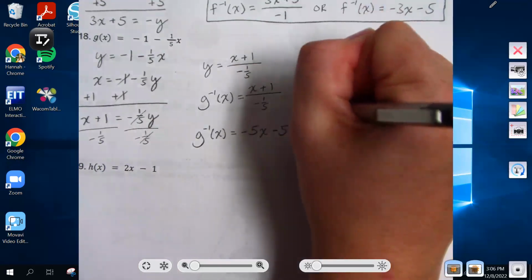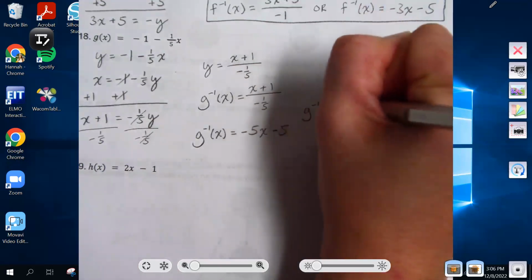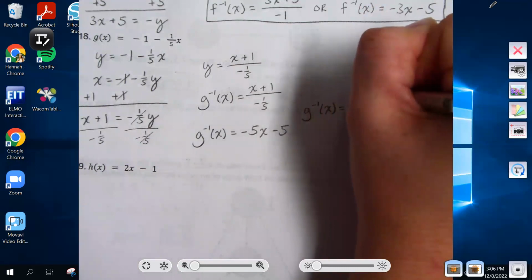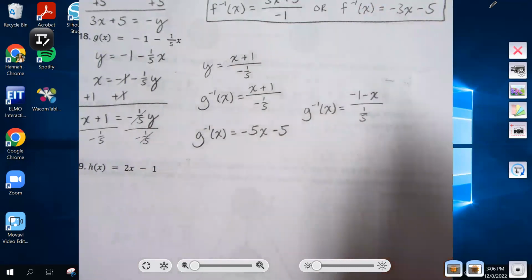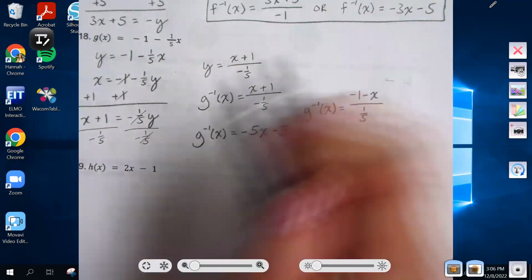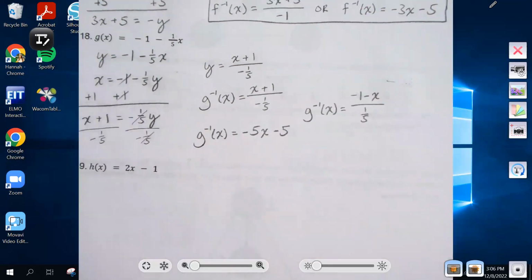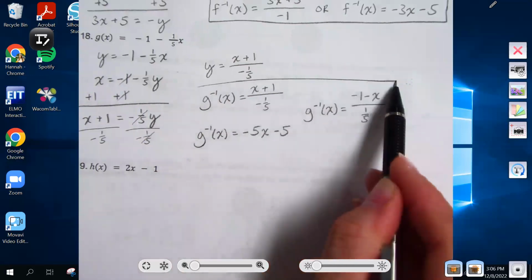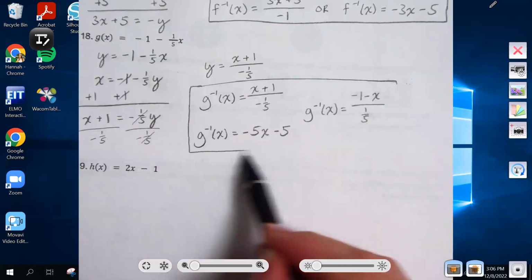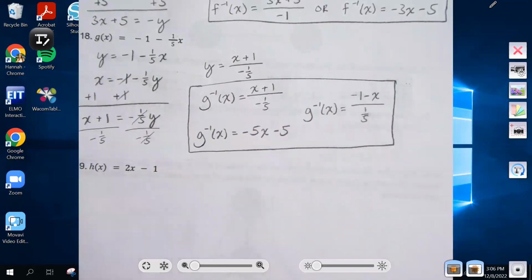Or you could have g inverse of x equals negative 1 minus x over positive 1/5. Depending on which order you moved things around when you were solving for y, you could have any one of these 3 equations. They are all correct. Does anybody have something different and you want to know if it's right?